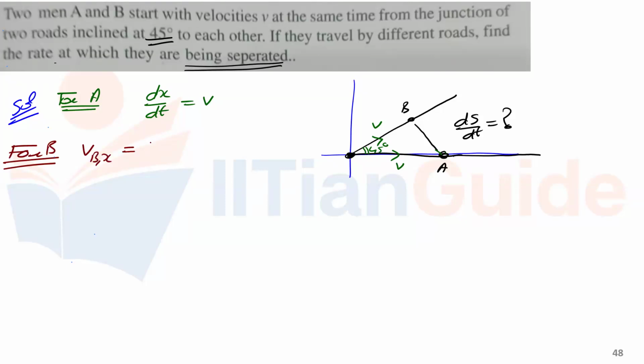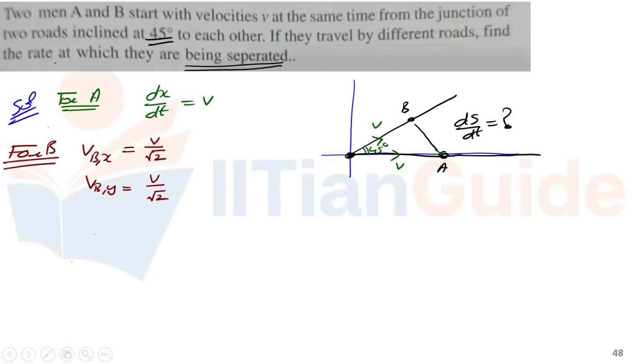Am I right or not? Yes, sir, v by root 2. The velocity of person B along the y axis is also v by root 2. Am I right? No problem.